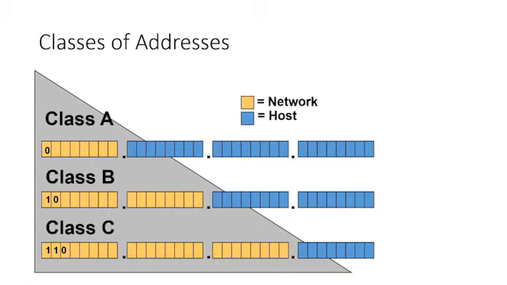They're all blue. Well, that's 8 plus 8 plus 8. 3 times 8 is 24. That's where I came up with 24 bits. So 2 to the 24th power is 16 million and some change. So each one of those networks can have up to 16 million hosts in each one.